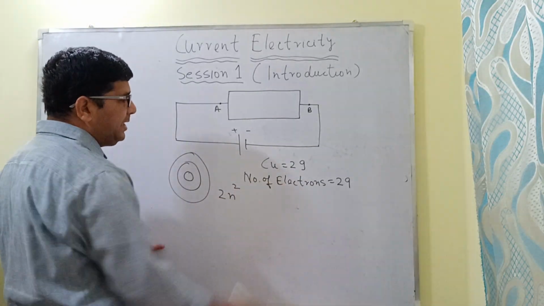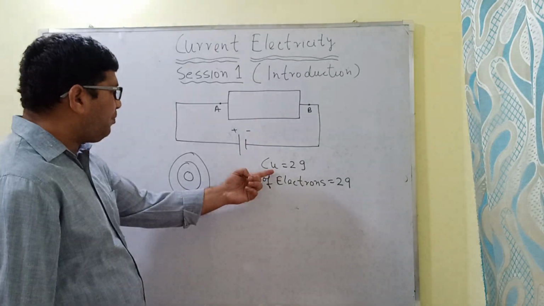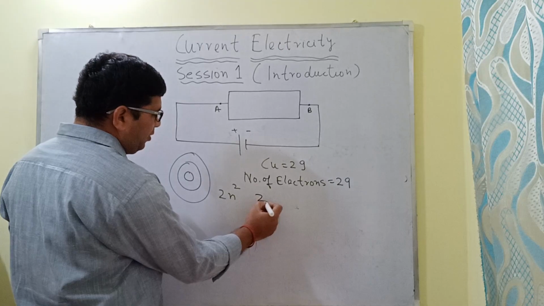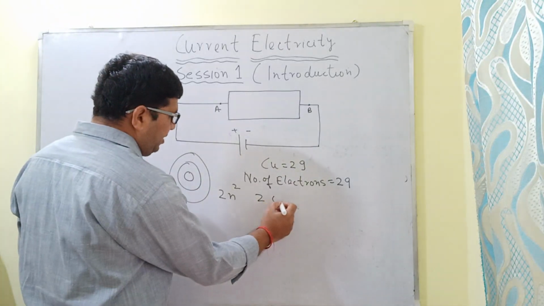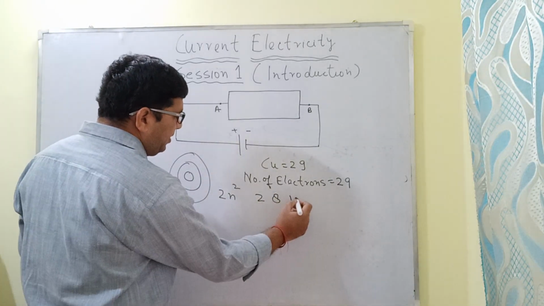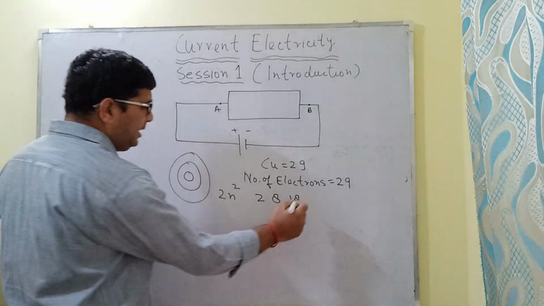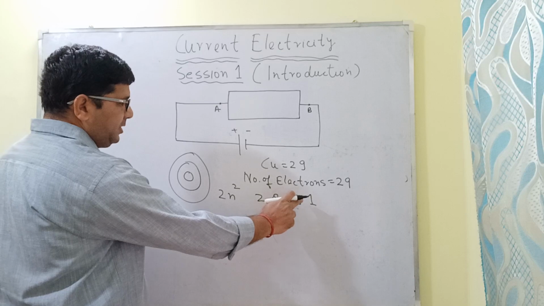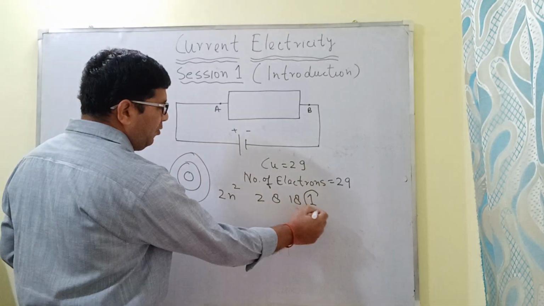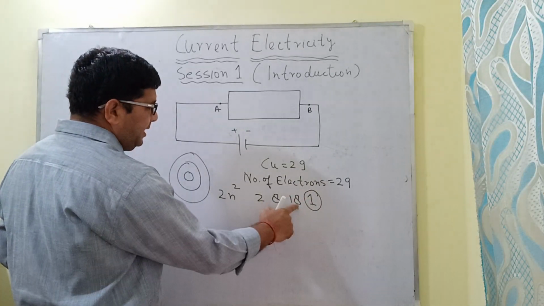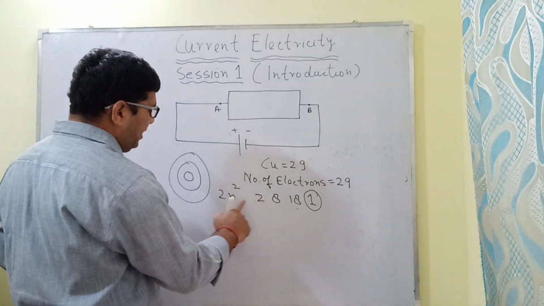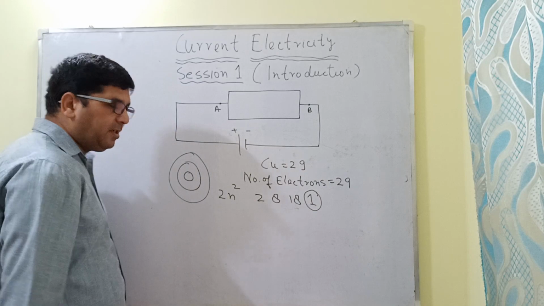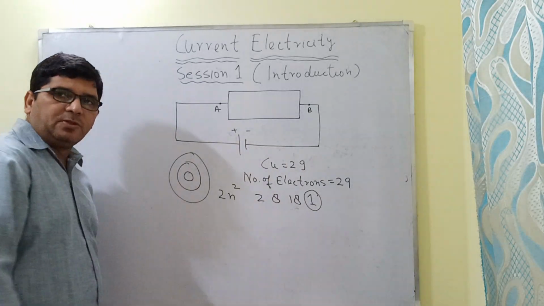So if the number of electrons in the copper atom is 29, then in the first orbit the number of electrons will be 2, in the second orbit it will be 8, in the third orbit it will be 18, and in the fourth orbit the number of electrons will be 1, because 18 plus 8 plus 2 is 28. So in the last orbit the number of electrons will be equal to 1.